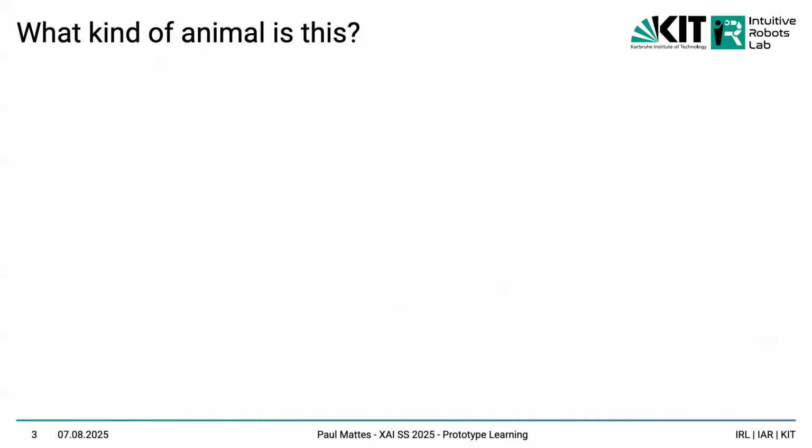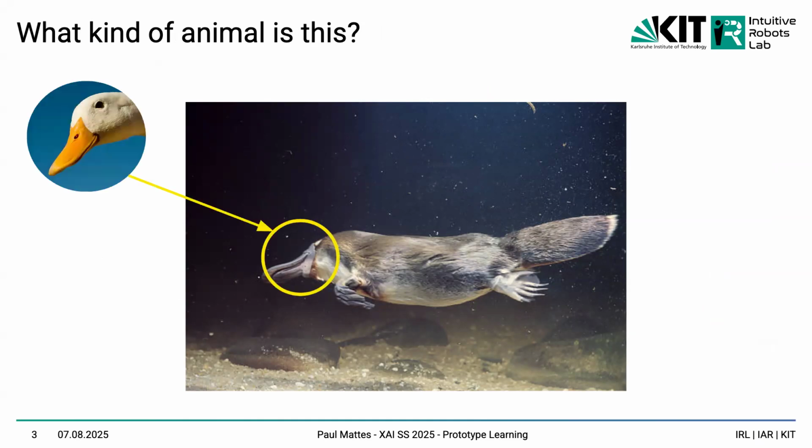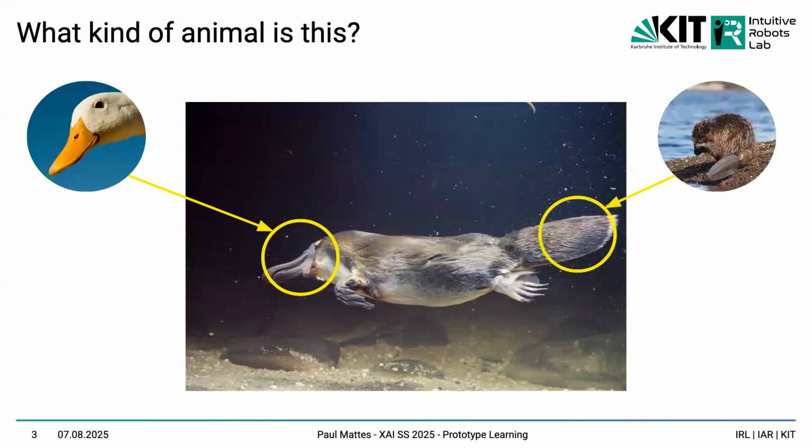And to give you a little bit of an idea what we mean by this, because the idea is, of course, prototype learning, we look at this animal and try to figure out what kind of animal this is. And if we look at the beak, could be a bird, maybe. But if we look at the tail, could be also a beaver.